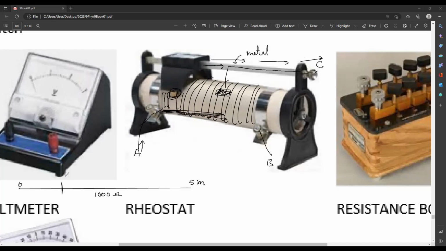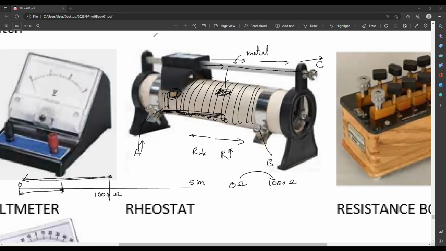Earlier the current was flowing through only this length of the wire, and now it is flowing through a longer length of the wire. That means the resistance has increased. So if you shift the clip to the right, you increase the resistance. If you shift it to the left, you decrease the resistance. So this is a rheostat, which allows you to change resistance from 0 ohm to 1000 ohms.